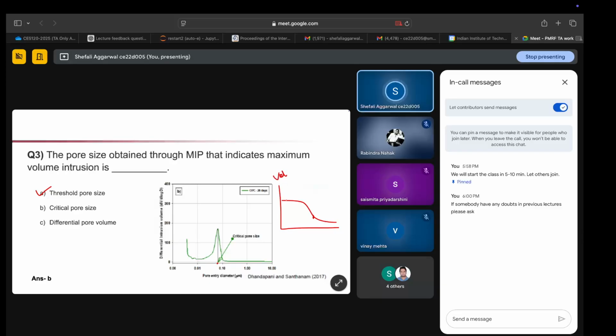So maximum volume was actually at this point, not at the threshold point. When we are talking about maximum volume intrusion, it is being given as the critical pore size. Threshold pore size is at this point where you have a constant volume intrusion, after which you have constant volume intrusion. Okay.